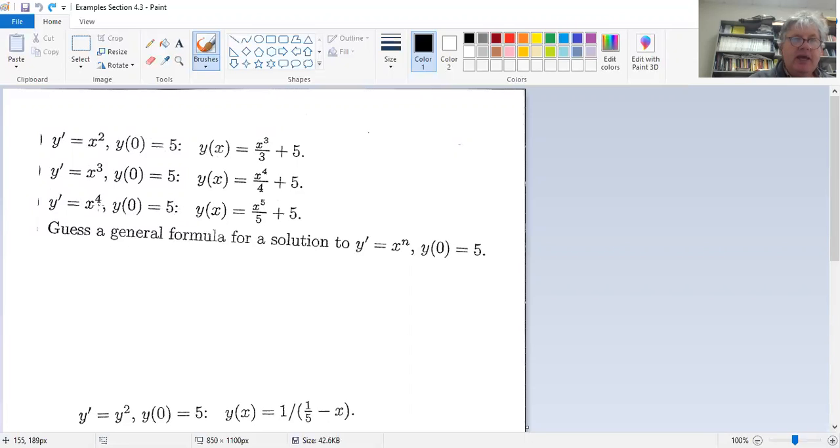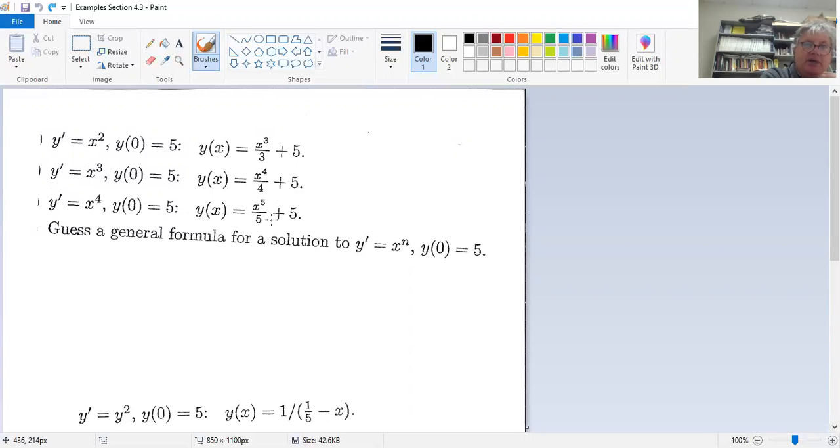And again, y prime equals x to the 4th. So we try this one, we take the derivative of this, the 5 comes down, so it cancels out that 5, and we're left with x to the 4th. And so we see that this equation right here is a solution to that IVP.